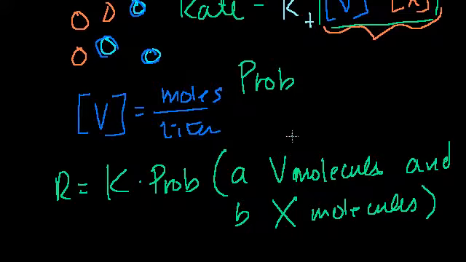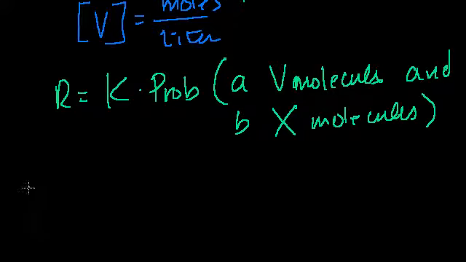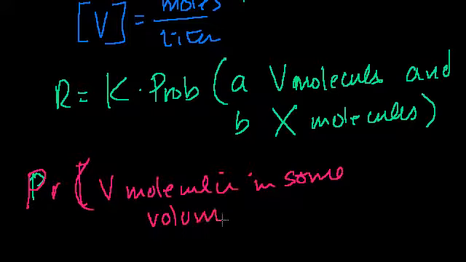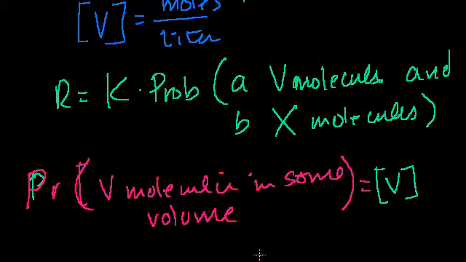But if you use the concentration as the probability of, let me switch colors, if the probability of having a V molecule in some volume, if we assume that the solution is homogeneous, that the V molecules are roughly evenly distributed, it's going to be, this isn't even an approximation, it's going to be the concentration of the V molecules times the volume under which we care about.